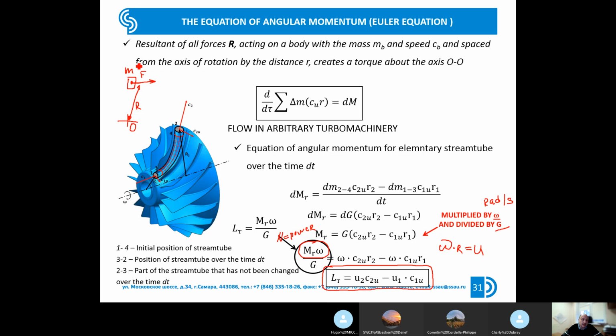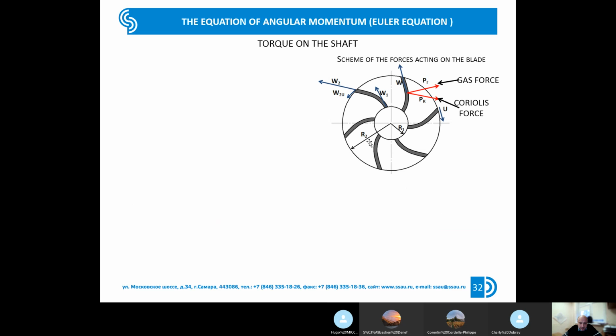That's why let's look at this problem from another position. So, what kinds of forces impact the blades in the common case? At this moment we will not take into account the type of turbomachinery.